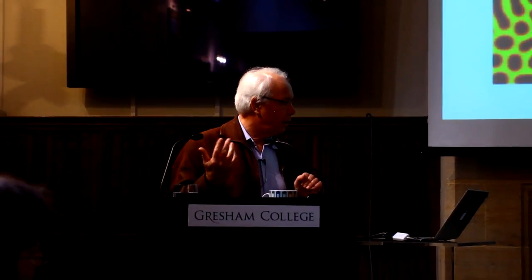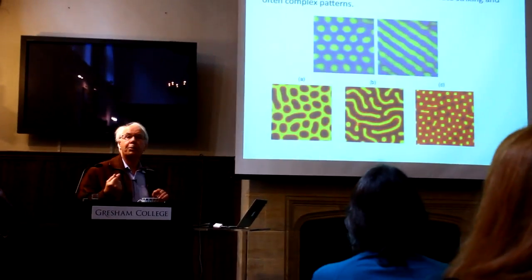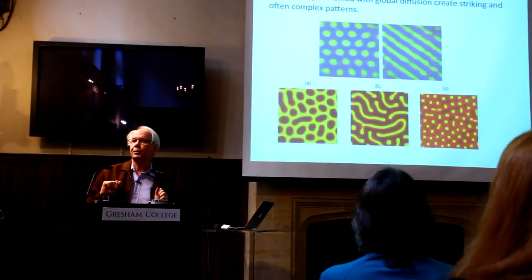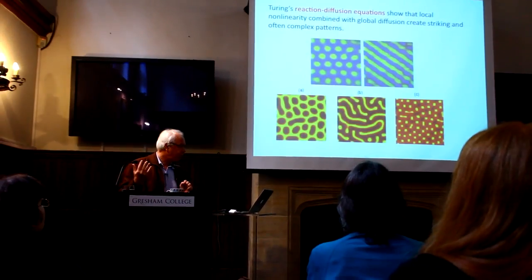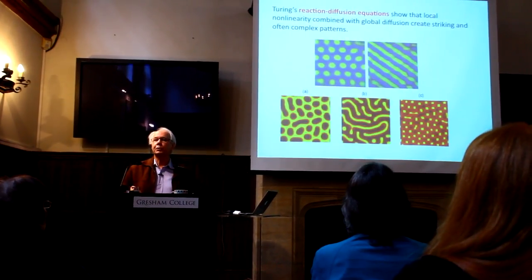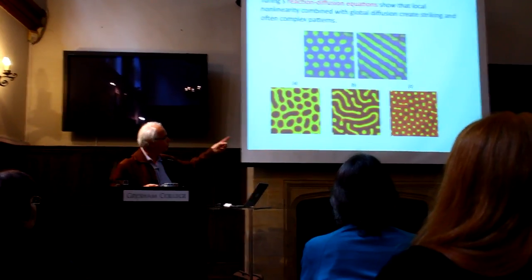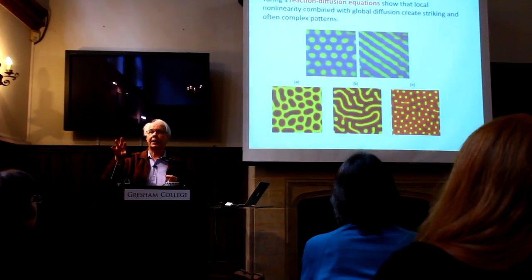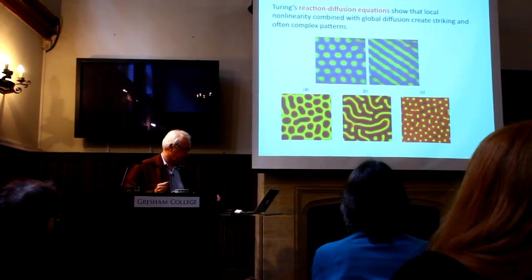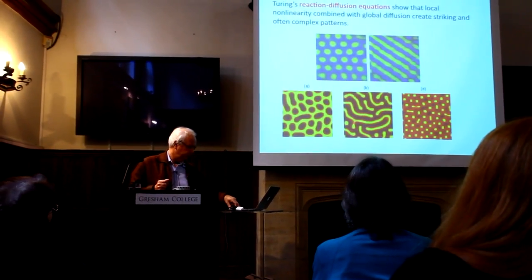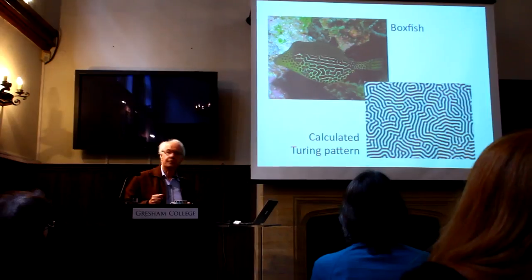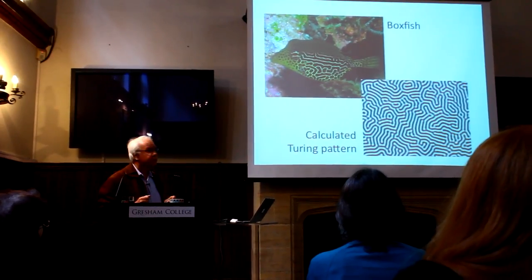And these are experiments at the top and computer-generated pictures at the bottom of these reaction-diffusion equations, and we see spots and stripes and more complex-looking spots, and actually very complicated, rather irregular structures as well. And just to drive that point home, here's a fish called a boxfish.